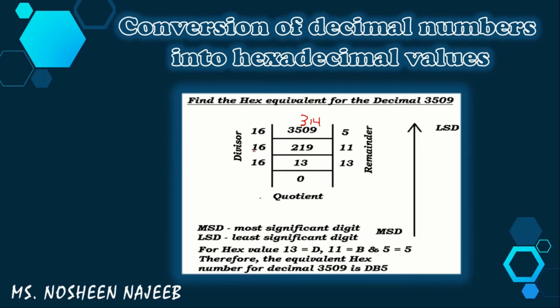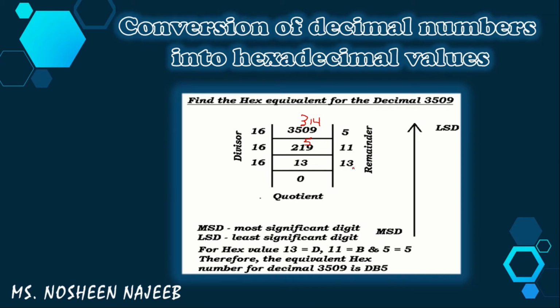Moving to the next, 16 1s are 16, and the remaining, subtract 16 from 21, so what answer will we get? The remaining is 5. Then we combine it as 59, and then 16 3s are 48, and when we subtract 48 from 59, the remaining we have is 11. 16 0s are 0 because 11 is less than 16, so 0 times, and then 11 will be shifted into the column of remainder.